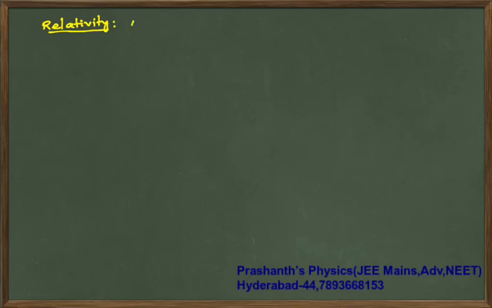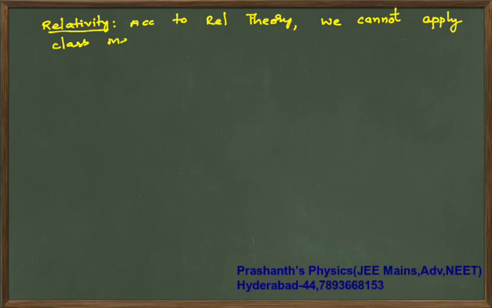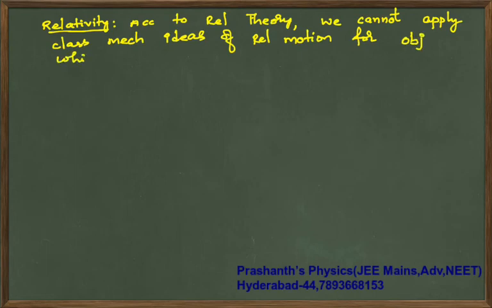So I will write this: according to relativity theory, we cannot apply classical mechanics ideas of relative motion for objects which move with speed close to the speed of light.